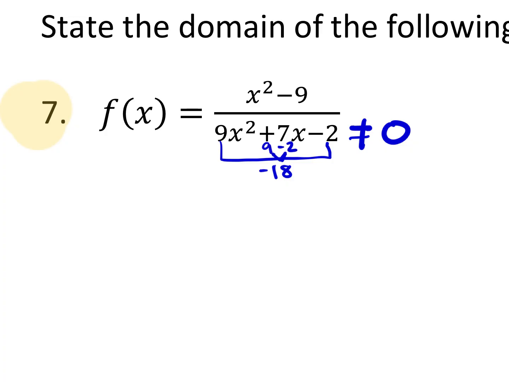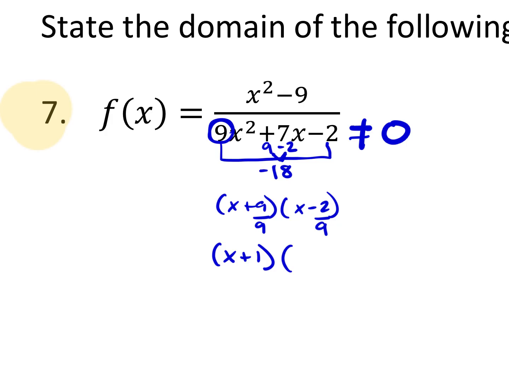Awesome. 9 and -2. So we have x plus 9 and x minus 2. Remember, you could factor by grouping, or if we do it the shortcut way, you have to remember to divide by the number that you started with multiplying. So divide by 9. So we get x plus 1, and then if it doesn't simplify, you move it in front of the x. So 9x minus 2.